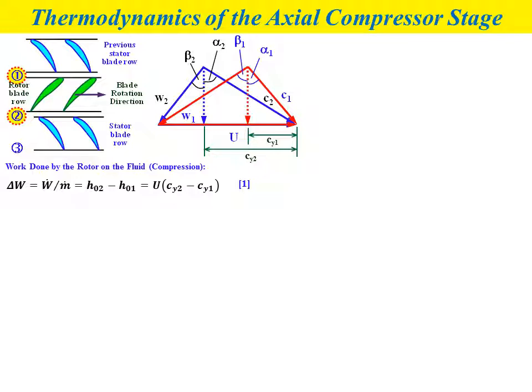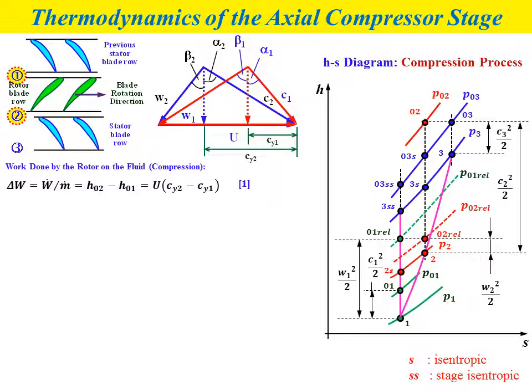So the values of Cy2 and Cy1 we can obtain from the velocity diagram at the inlet and also the outlet of the rotor. So the work done formula is represented by equation number 1. If we look at the HS diagram for the compression process, we have the actual compression process from state number 1 to state number 3, and also the ideal compression process from state number 1 to state number 3SS.